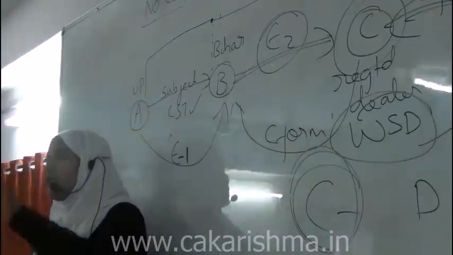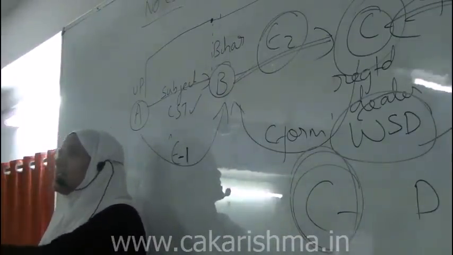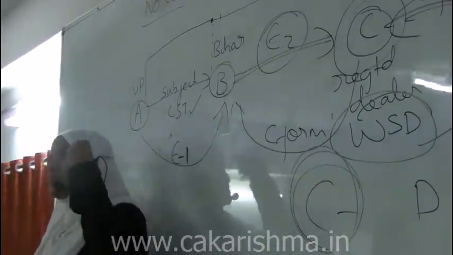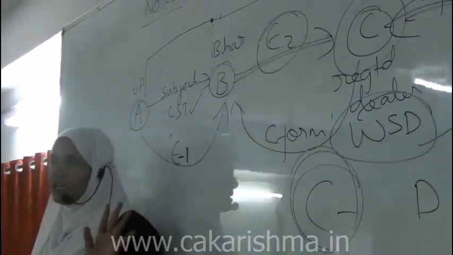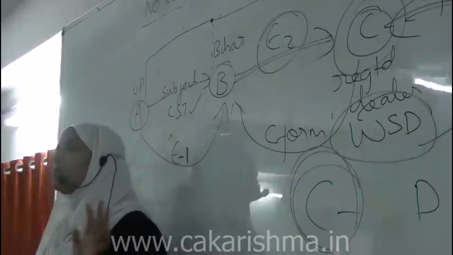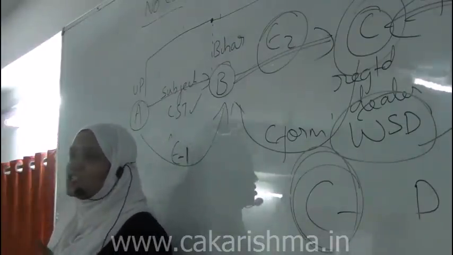So instead of learning what is inside and what is outside, section 4 is telling us the following is inside the state. And once we say it is inside the state, that means it can never be outside the state. And we know CST is applicable only when the sale is outside the state. So now what do you mean by inside the state?